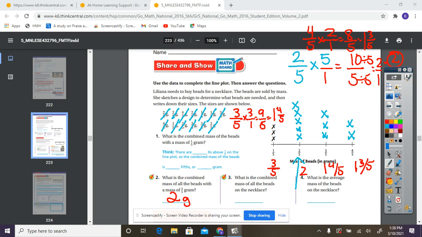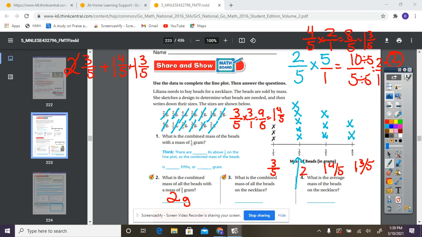Okay, so I need to add up all those totals. I would do 3/5 plus 2/5. That is 2 3/5. Running out of room. 2 3/5 plus 1 4/5 plus 1 3/5.